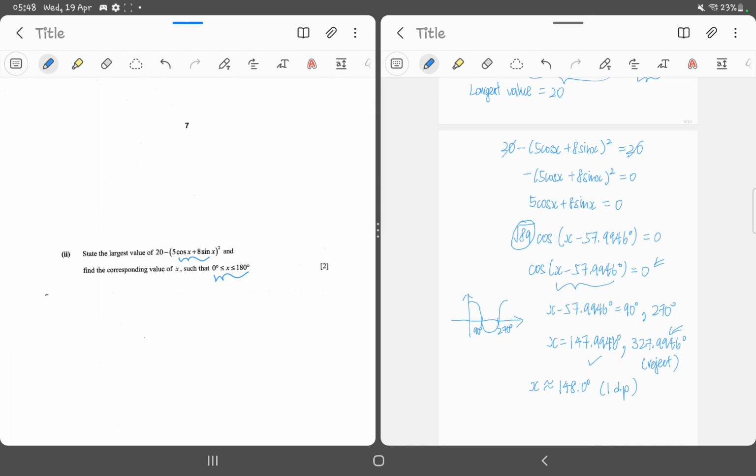So this question is a little bit difficult because it involves a square. I think that this question is a good practice for students, and probably I would say that this is the harder version of the R formula.